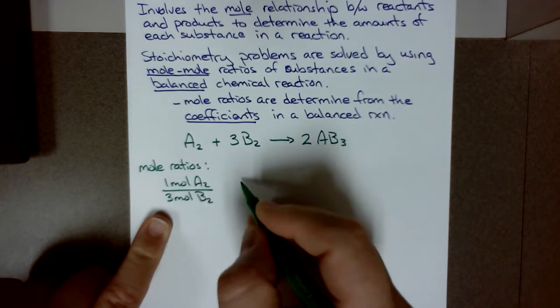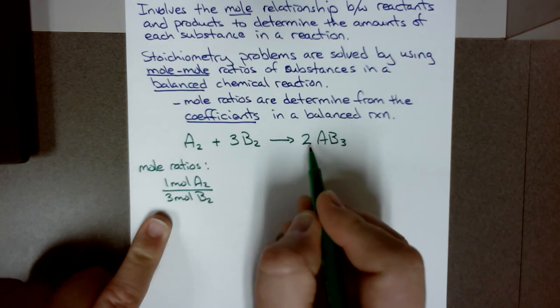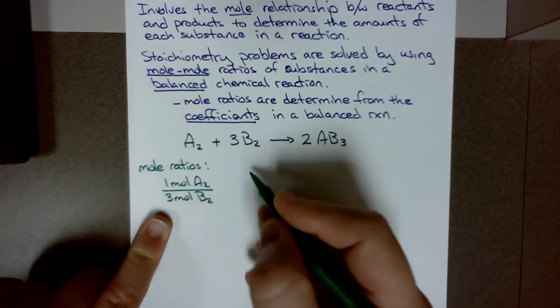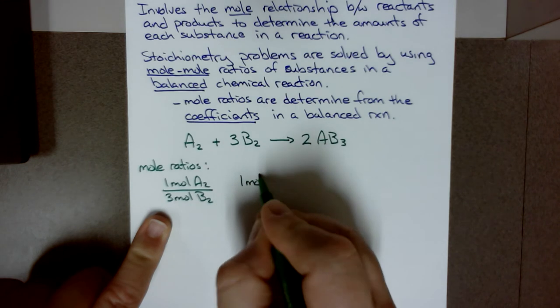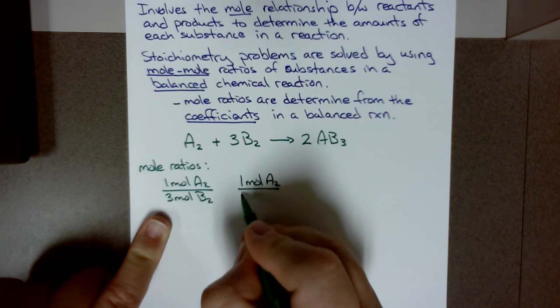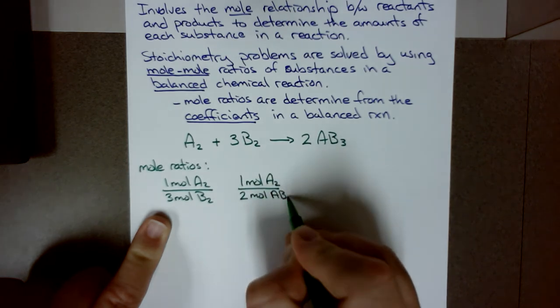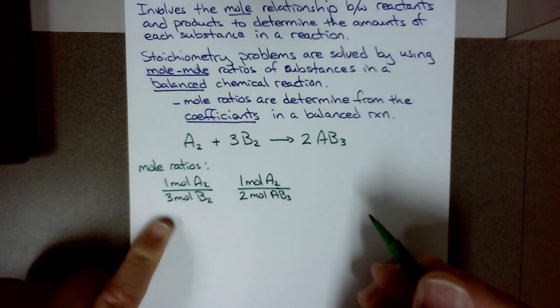Or I can say 1 mole of A2 will produce 2 moles of AB3. So there's a 1 to 2 mole ratio there.